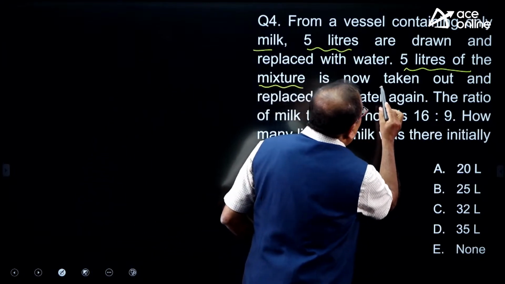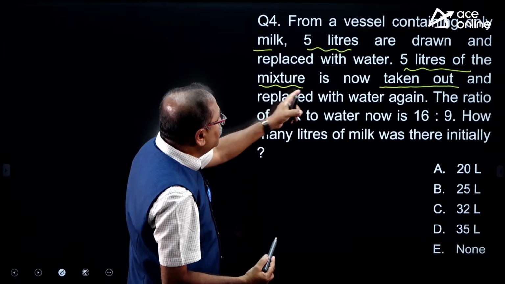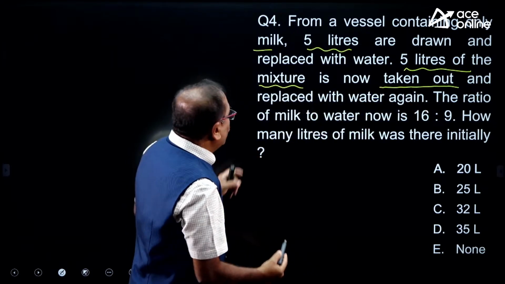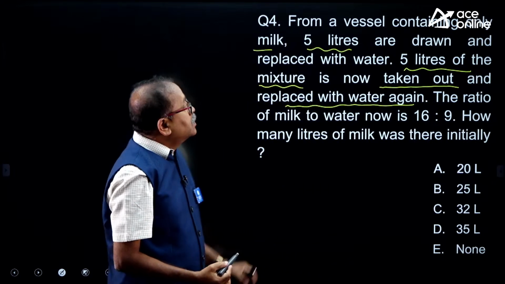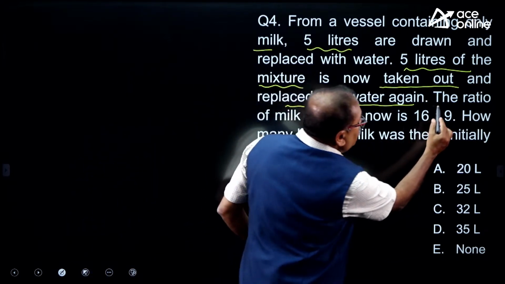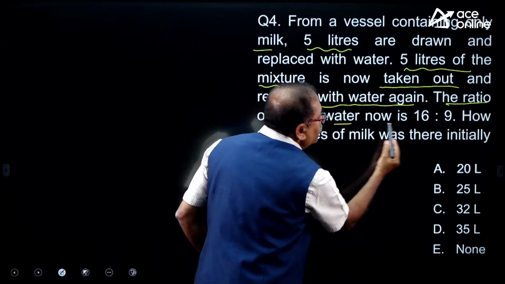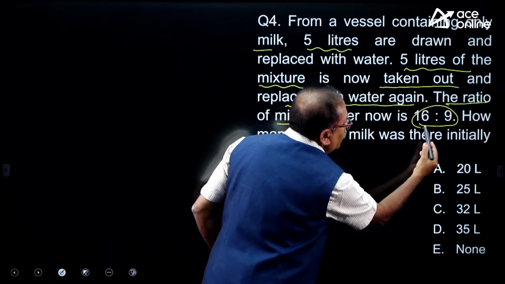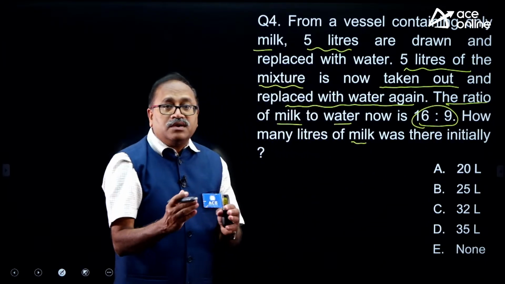And now the mixture is again taken out and replaced with water. The initial quantity is not given in this case. Now the statement is, the ratio of milk to water is 16:9. How many liters of milk were there initially?